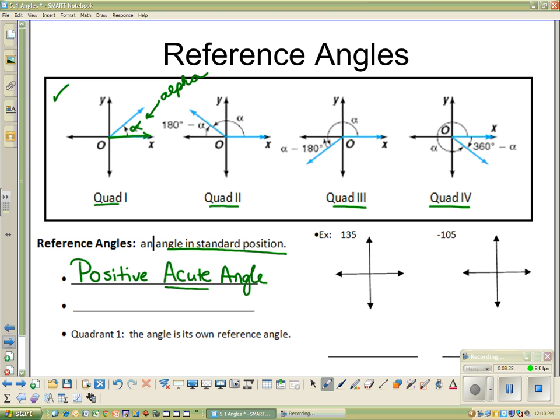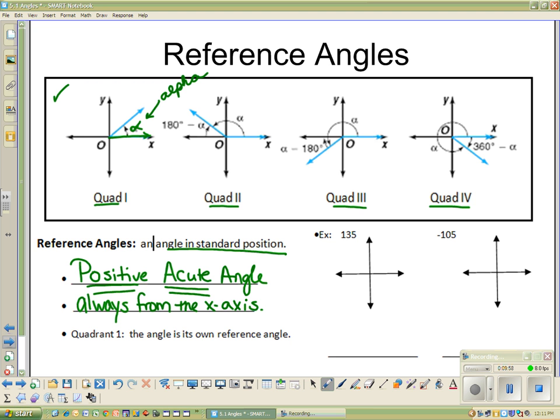So there are 2 things about them: they're positive and they're acute. And the other thing is they are always measured from the x-axis. Now that might be the positive or the negative side of the x-axis. Quadrant 1, I put a note: quadrant 1 is its own reference angle.